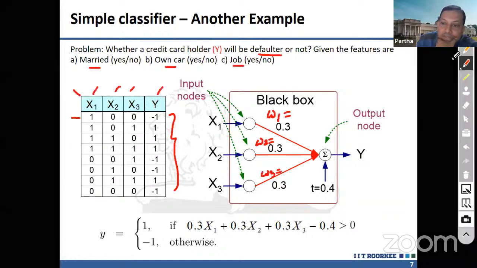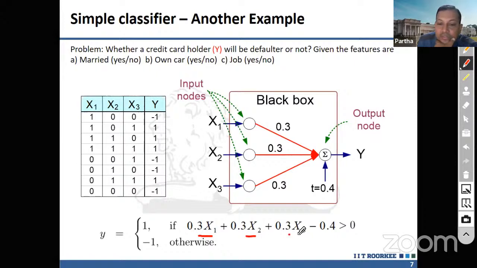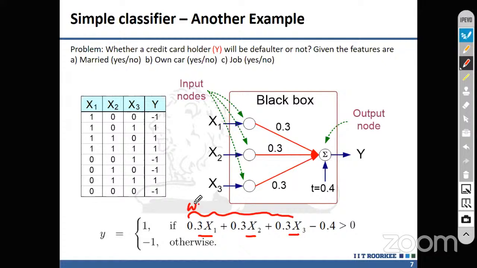So I'm just finding out this value, 0.3x1 plus 0.3x2 plus 0.3x3. So 30% of x1, whatever value I have, and 30% of x2, and 30% of x3. These are weighted combinations, right? That I said, W1x1, W2x2, W3x3.